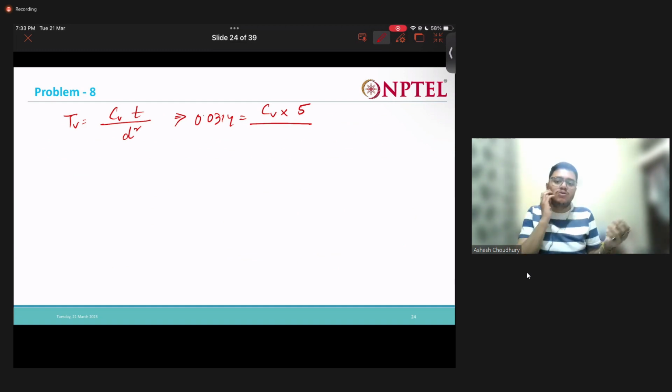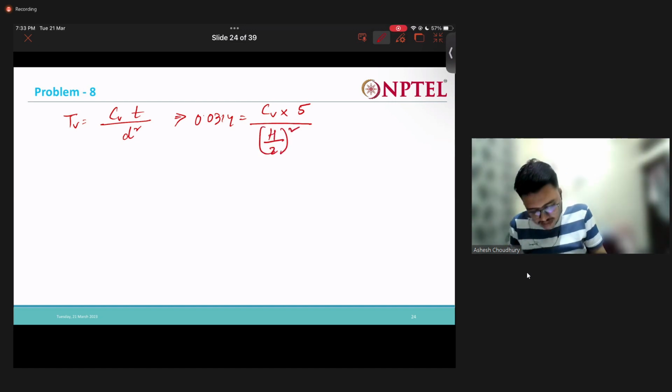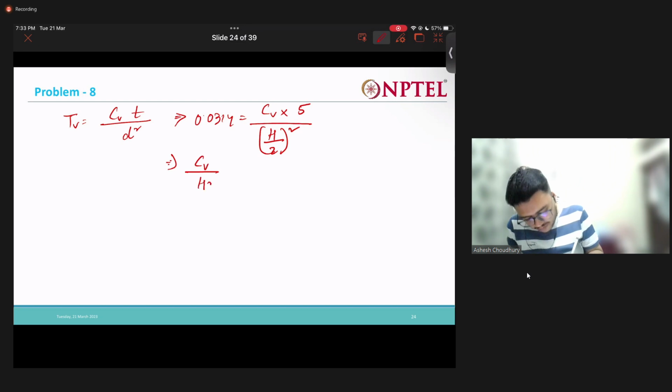D: suppose the clay layer is H meter thick. If it is double drainage, d will be H by 2, so H by 2 square. Please find out the value of CV by H square from here.